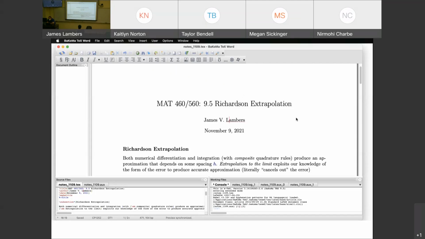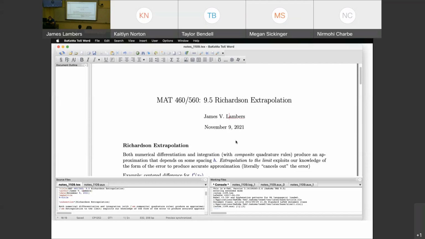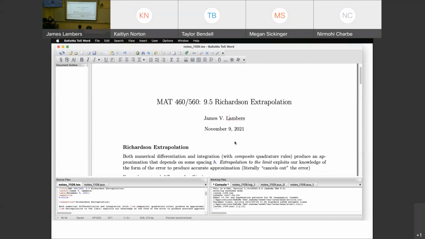is that whenever you're computing some kind of approximation, which is what we've been seeing lately with composite integration rules or numerical differentiation, the approximation depends on some spacing h. You're evaluating your function f at selected points, all with equal spacing h between them, and as the spacing h goes to 0, your approximation converges to the exact answer with some rate of convergence, like order h to the p, h squared, h cubed, something like that.